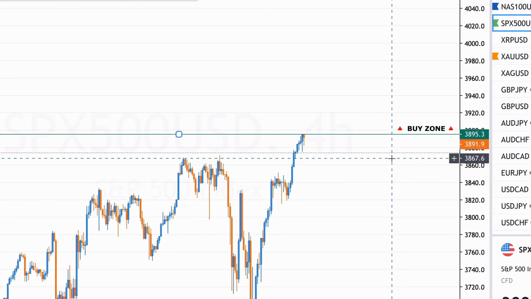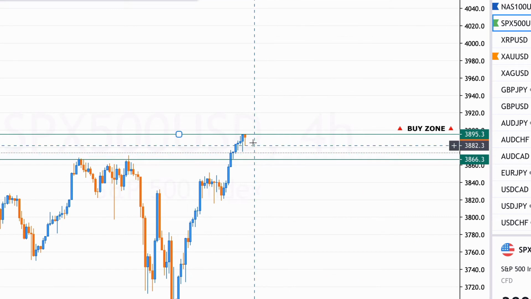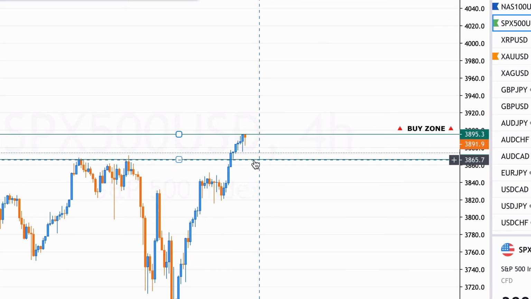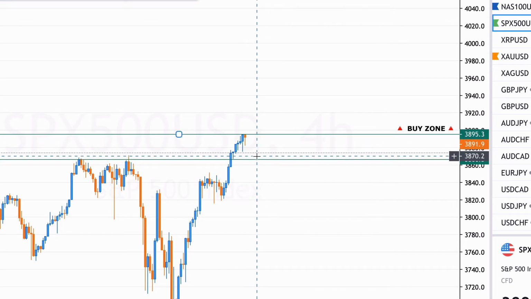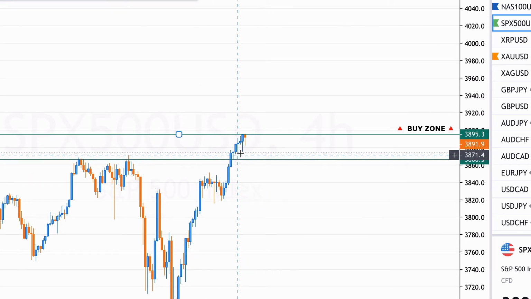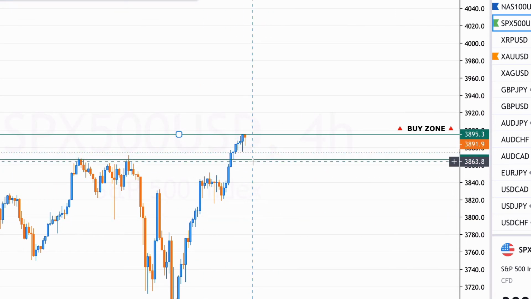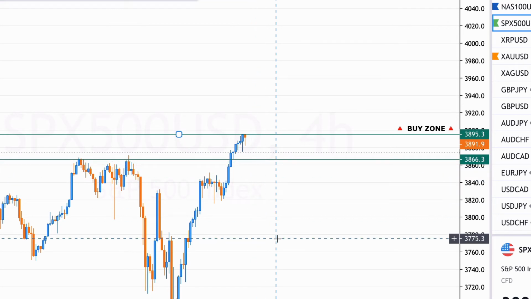So for instance, right here, if I got a push down but it rejected, I would buy it back up. But this would be a breakout to the downside, so I would sell it here. Does that make sense?